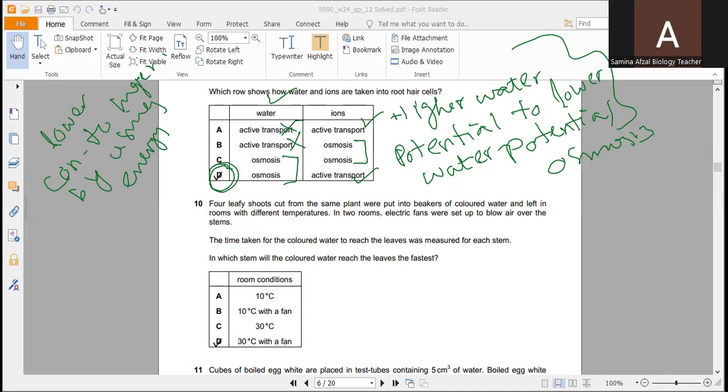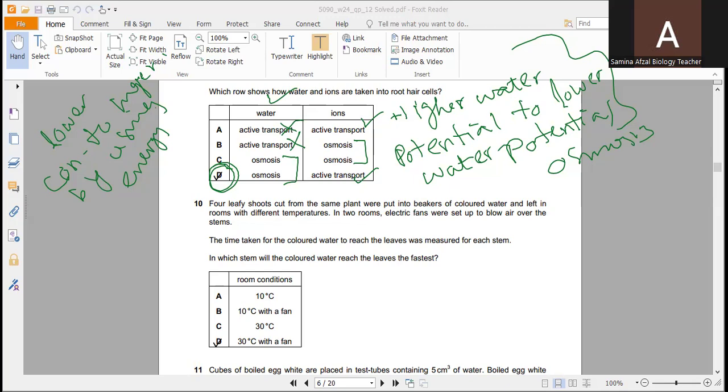Next question. Four leafy shoots cut from the same plant were put into beakers of colored water and left in rooms with different temperatures. In 2 rooms, electric fans were set up to blow air over these stems. The time taken for the colored water to reach the leaves was measured for each stem.